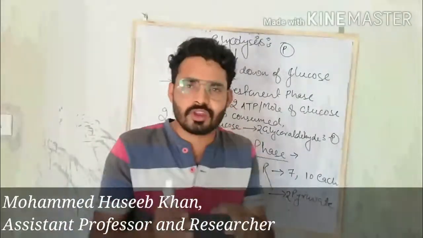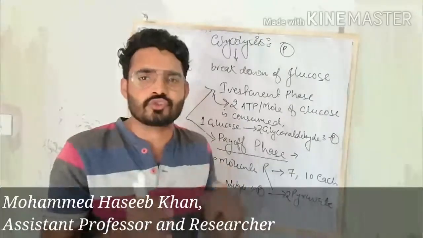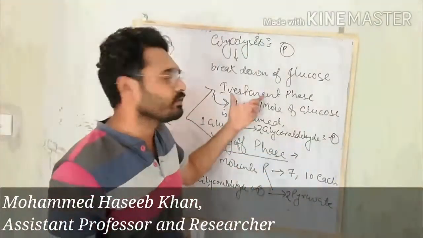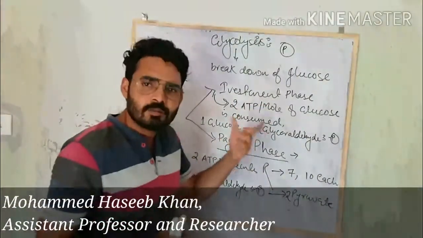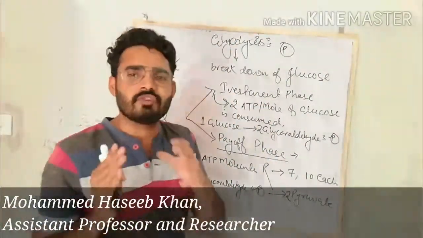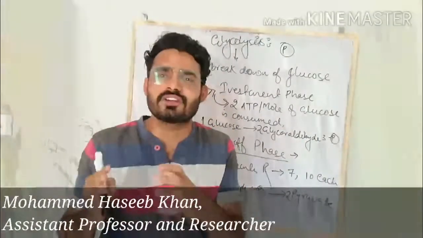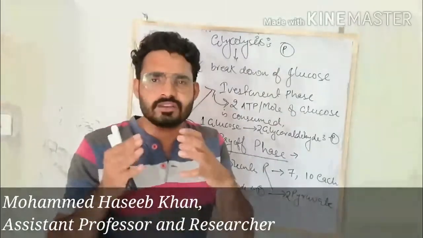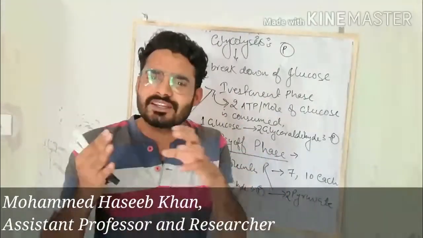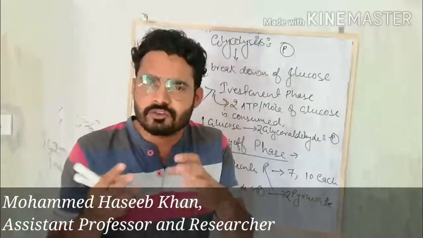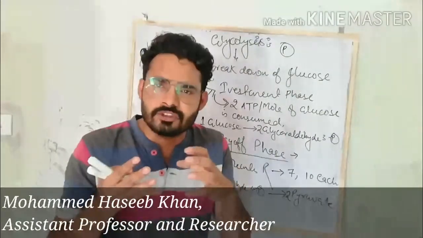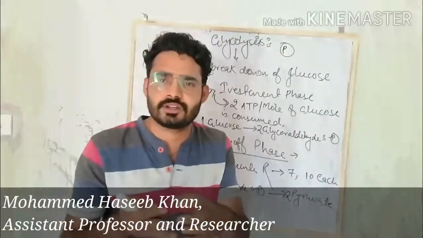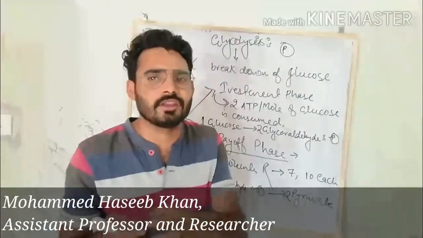So I am finishing this introductory portion with a general introduction of the 2 broad categories: one is the investment phase and the other is the payoff phase. In the next lecture, we will see exactly what these enzyme catalyzed reactions look like, and how the glucose molecule finally gets converted into pyruvate molecules with the release of ATP, as well as release of H2 at certain steps, as well as generation of NADH, right?